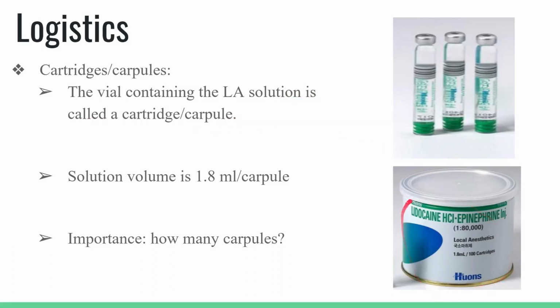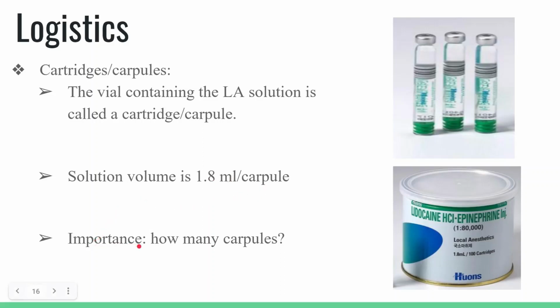And here is a whole box containing a very large number of these carpules. Okay? It's important to know here that each one of these carpules contains 1.8 milliliters of solution. I know this sounds very specific, but you have to know it, because later we will do calculations that depend on this number. So make sure you remember it.